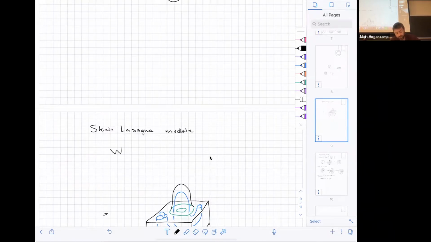Given a four-manifold with a null-homologous link in its boundary, the skein lasagna module of that pair is a vector space. It's a bigraded vector space.